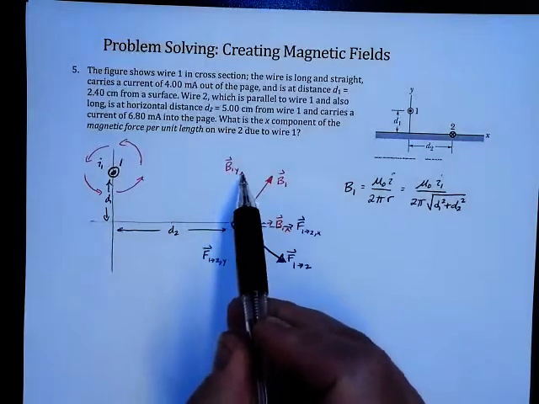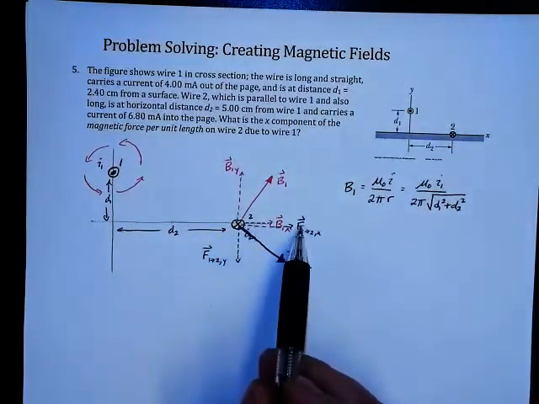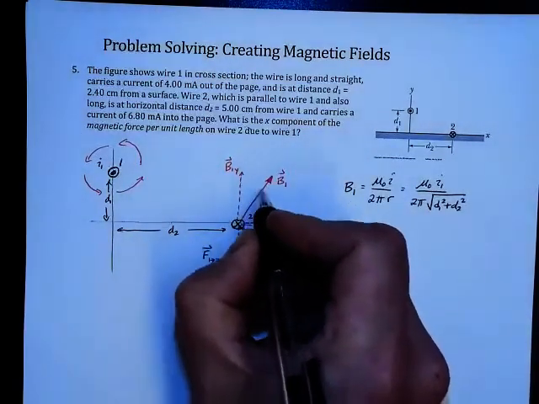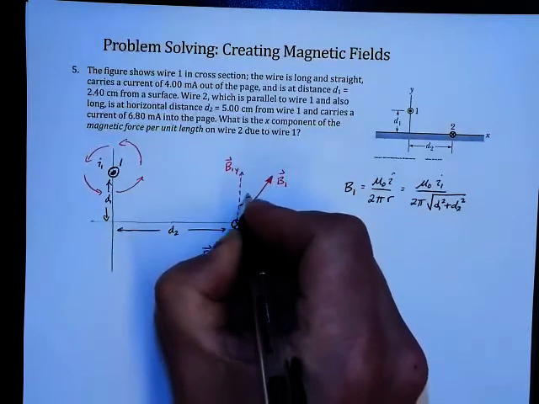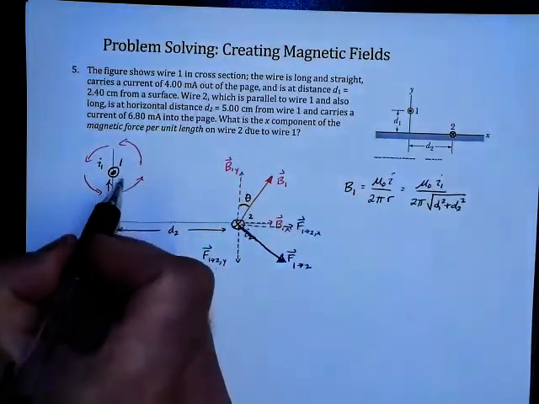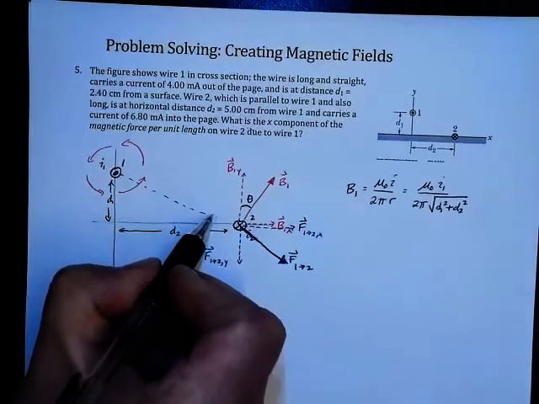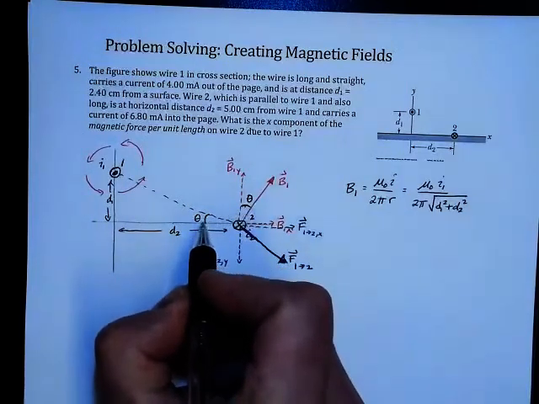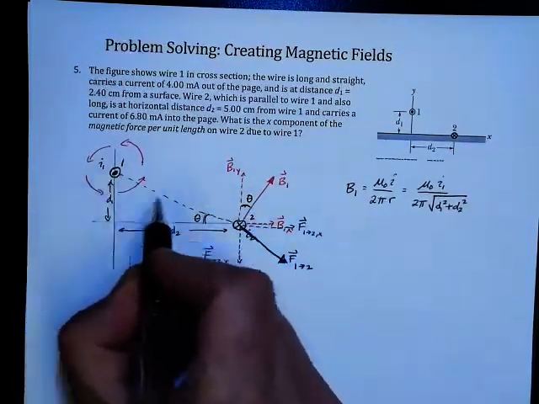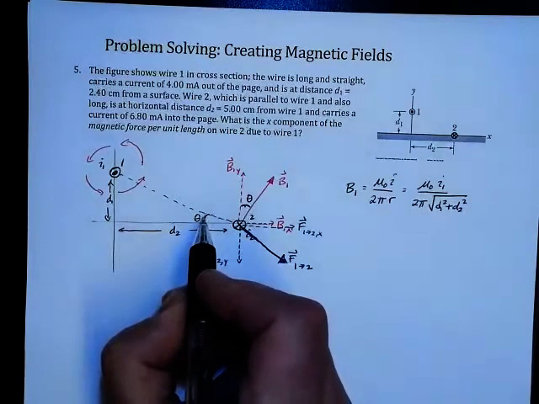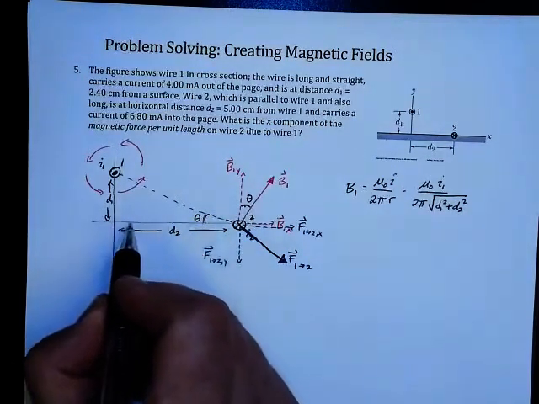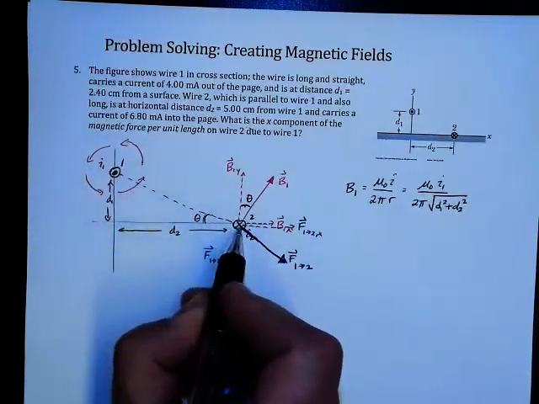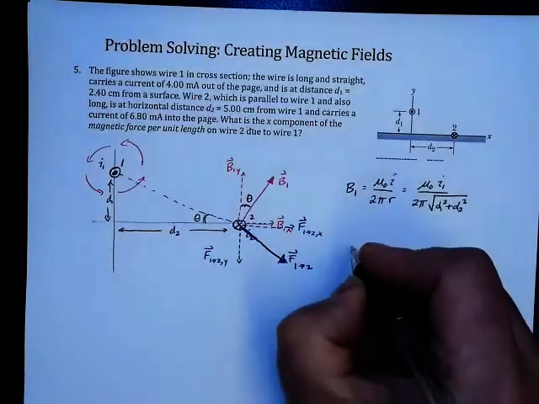I only need to know the y component of it because that's the one that's producing the x component of the force. So the y component is going to be the full magnetic field times the cosine of this angle right here. The angle here is the same as the angle on this triangle in my setup, and the cosine of this angle would be the adjacent side, d2, over the hypotenuse, which is the square root of d1 squared plus d2 squared.